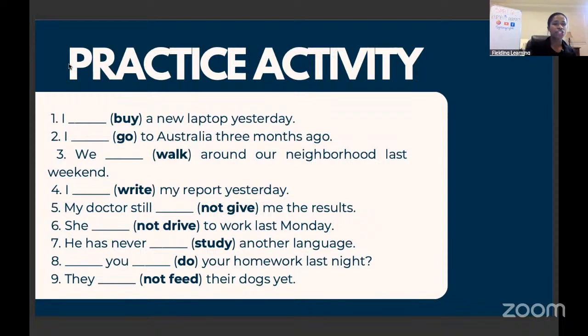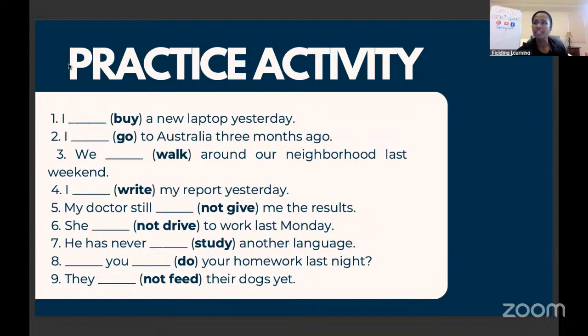Now number 6: "She blank not drive to work last Monday." What is the correct verb over there? Yeah, "didn't." Very good. But you cannot forget the verb: "didn't" or "did not drive."